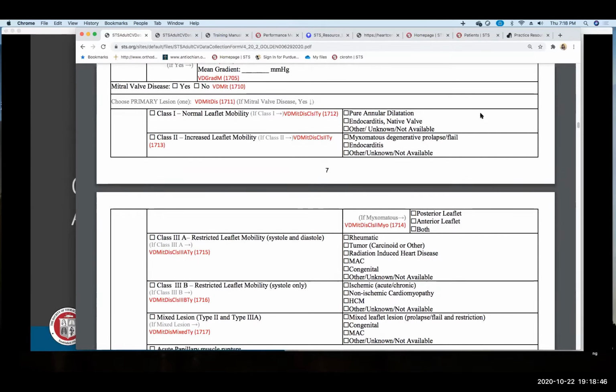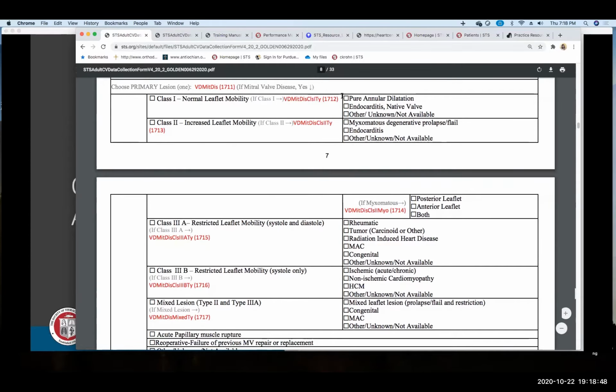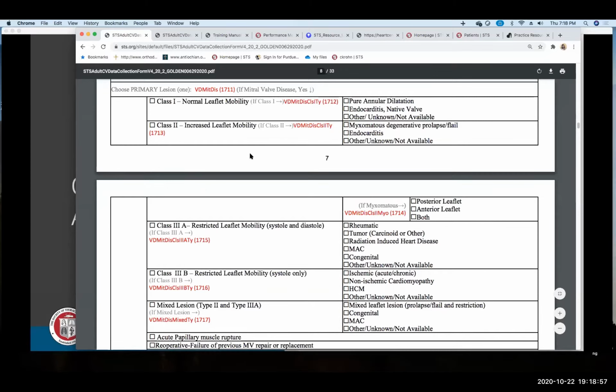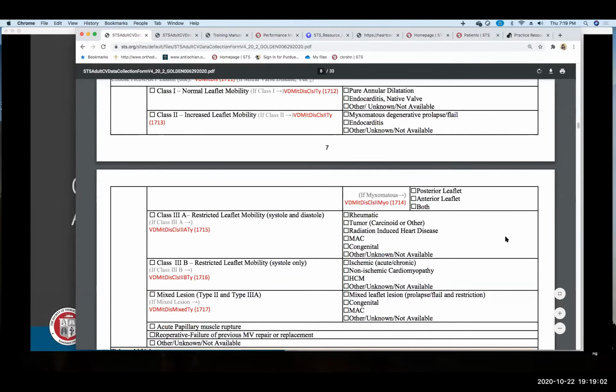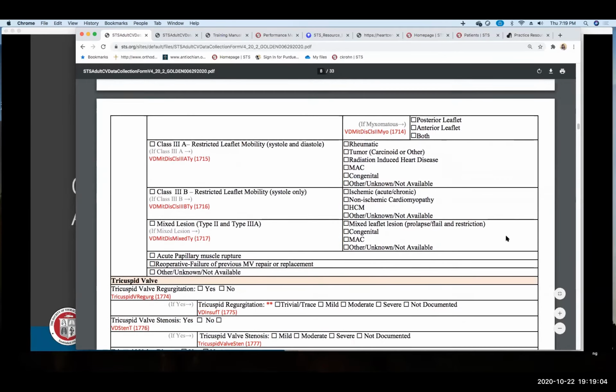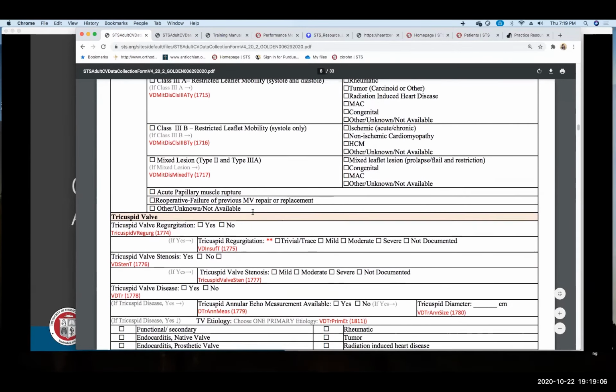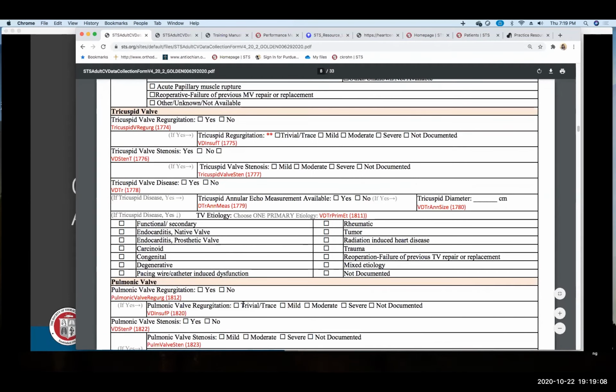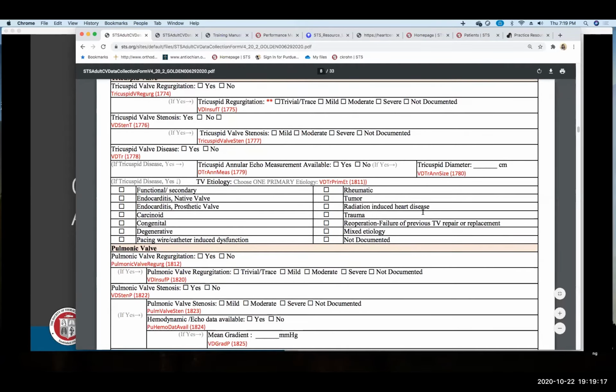If the diagnosis is not specific to Carpentier classification, but it's more of a generalized diagnosis, we can link that back to the Carpentier classification so we can capture both and do analysis on both of those. And then, of course, the tricuspid and the pulmonic valve, same types of setups with the regurgitation, stenosis, and then the echo measurements if they're available, and the disease etiology.